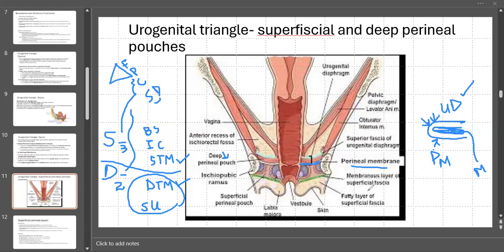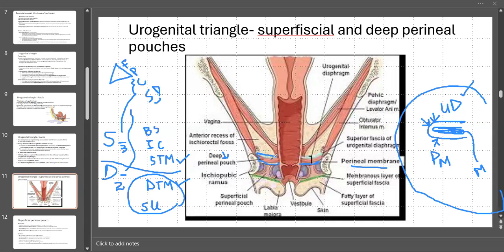Very good. And you have got this idea that this whole structure is called deep pouch. You can see now again, this is the upper layer of the urogenital diaphragm. Follow my point. This is the lower layer, and the lower layer we call the perineal membrane.